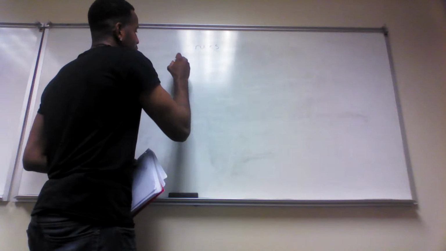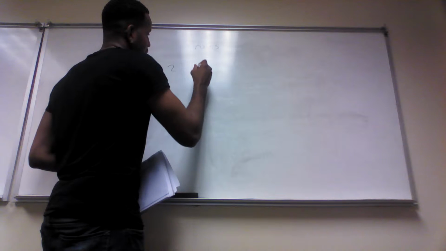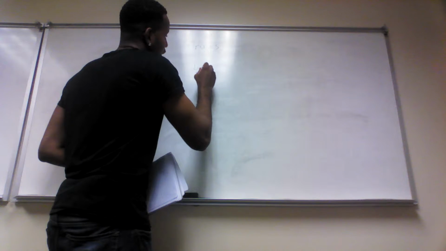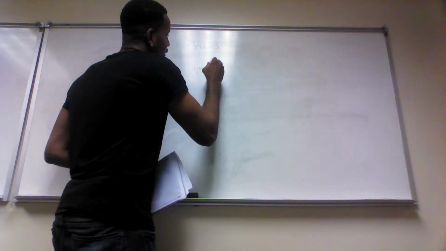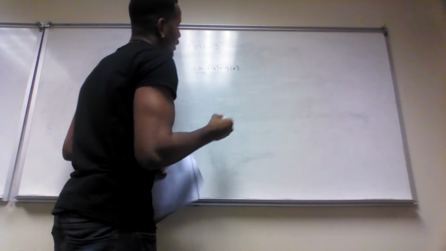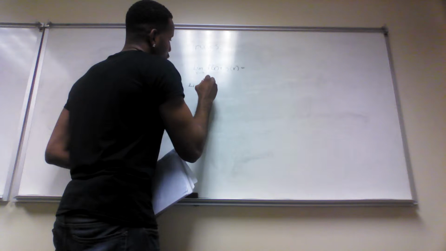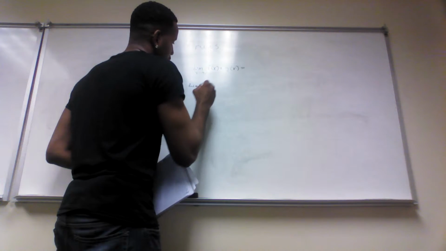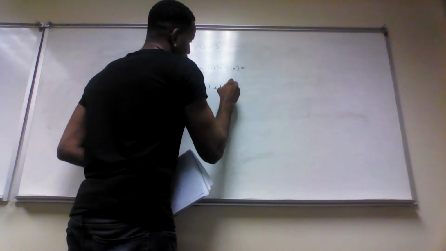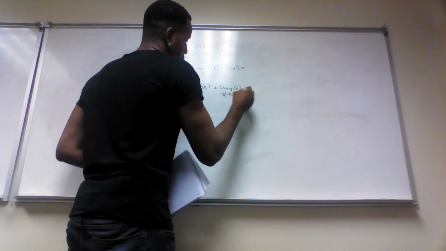The second rule is the sum rule. Basically, the sum rule is that the limit as x approaches c of f of x plus g of x is going to equal the limit as x approaches c of f of x plus the limit of g of x as x approaches c.